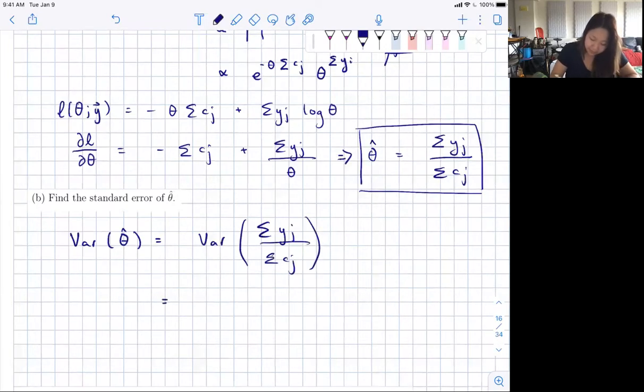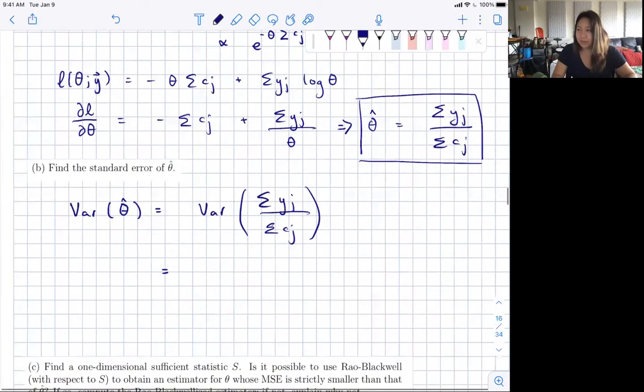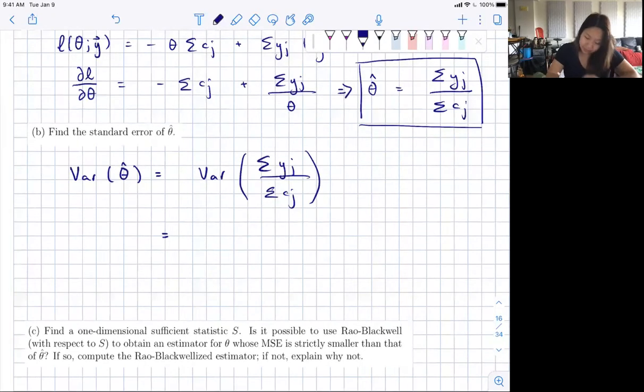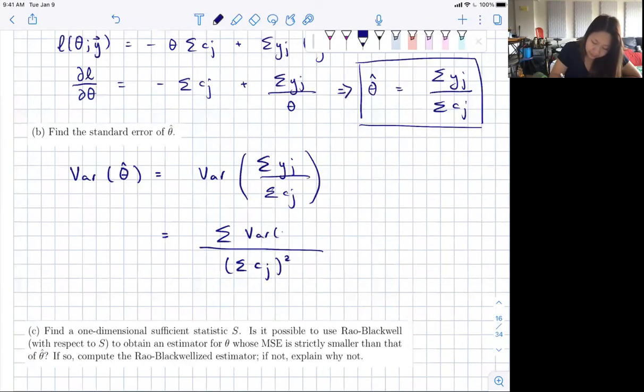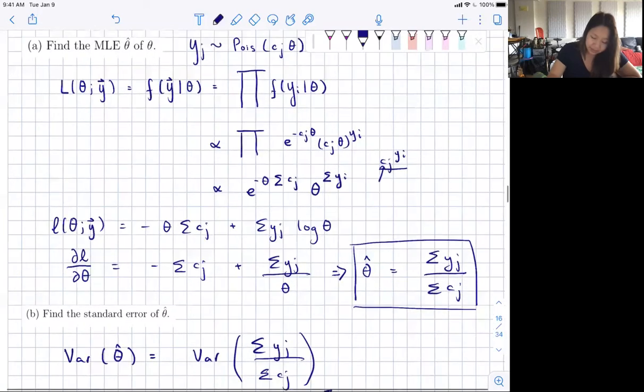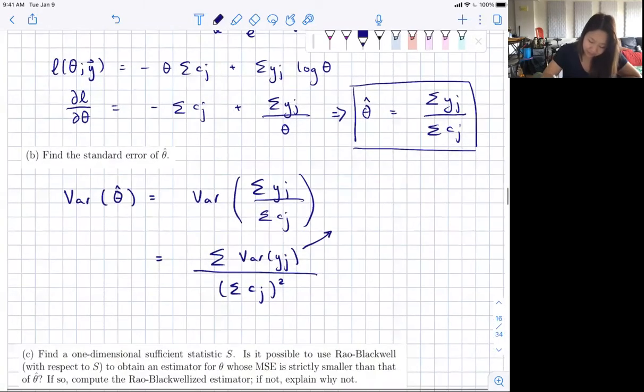All of the Y_j's are going to be independent of one another since they're different counties. So we have one over the sum of c_j squared, times the sum of the variances of Y_j. And each one of these Y_j's is Poisson(c_j θ), so that has variance c_j θ.